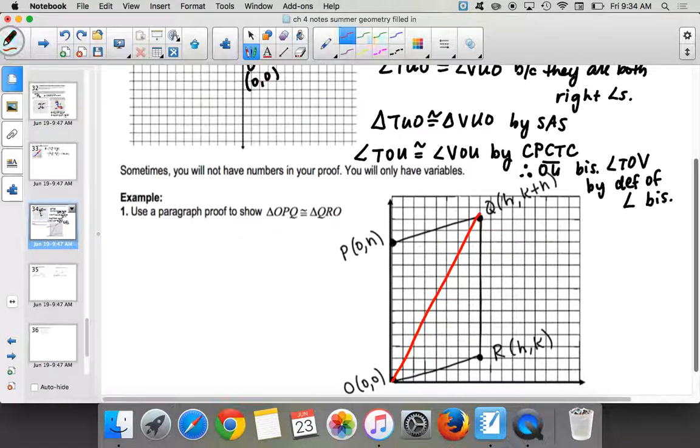You could say that OQ is congruent to itself. So you could do QO if you want, or just call it OQ again, by reflexive property. We always say reflexive property of congruence if we're using a congruent sign. But if it's equal, then we say reflexive property of equality. But I'm fine if you just do reflexive property.